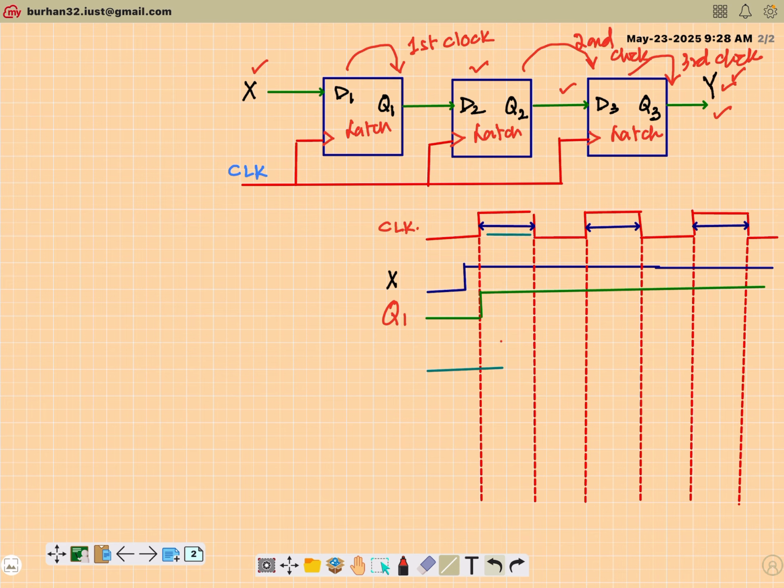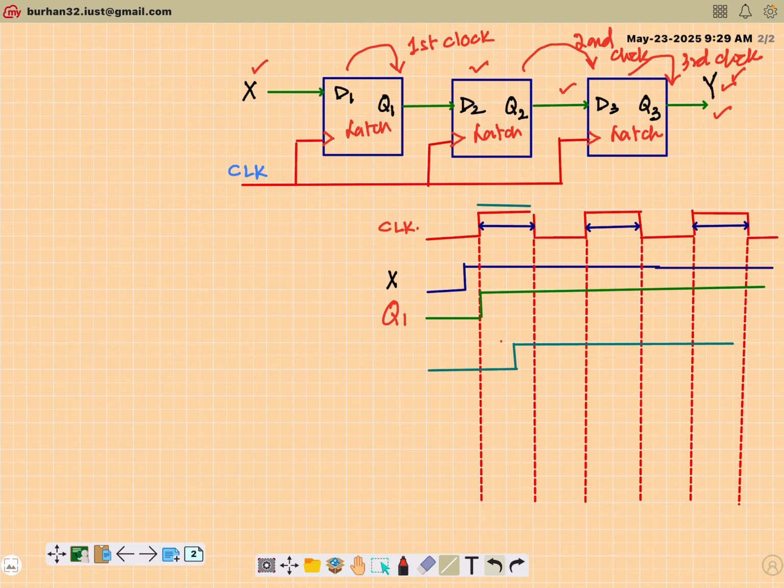So some way ahead in this clock cycle, say somewhere here in the first clock itself, Q2 may go high because it reacts to the entire level. So I have this much time at my disposal.